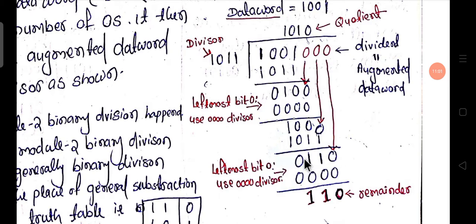Then here also the leftmost bit is 0, so we cannot divide this dividend by our divisor, so all are zeros. Then the remainder is 1 1 0.